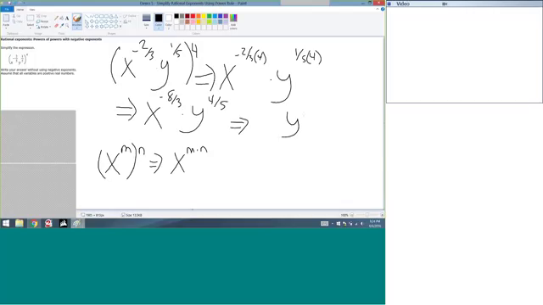The y to the 4/5 was positive, so it can remain in the numerator. But now that x to the negative 8/3, we have to flip it so that we can get that positive exponent. Now this should satisfy their requirements. We've simplified using the power rule, and we've made sure that there's no negative exponents.